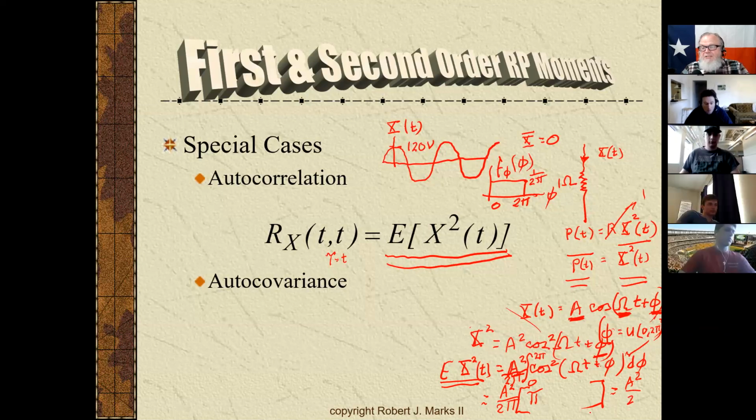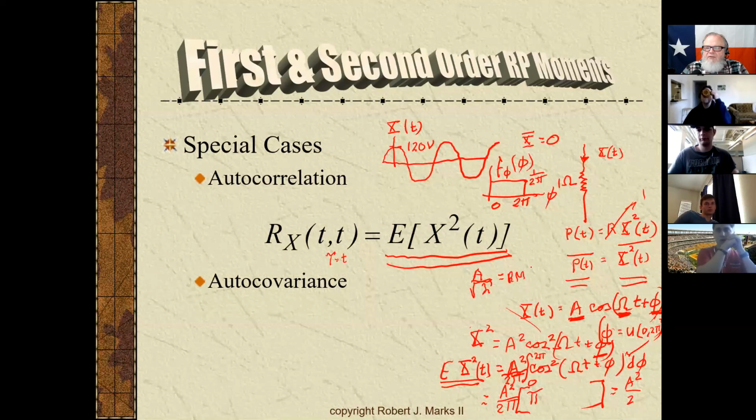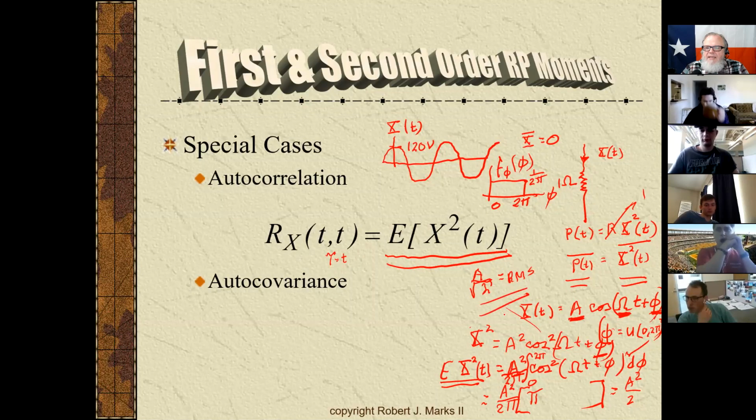Now, you know why this is kind of cool? Do you remember from circuits class where you have a sinusoid and do A over root 2? Do you remember that? Where we talked about the so-called RMS value of the sinusoid? That's exactly what we get here.